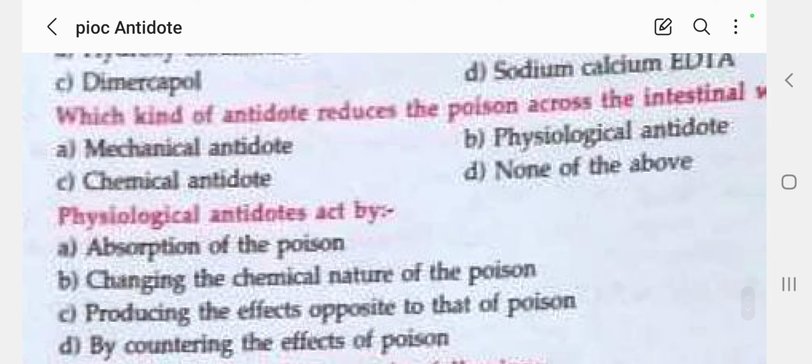So immediately, if a person has ingested poison, we have to treat them with activated charcoal mechanically, so it will absorb the poison, thereby reducing the interaction with the inner wall of the stomach. So what is the correct choice? Mechanical antidote. So option A is the correct answer for this one.